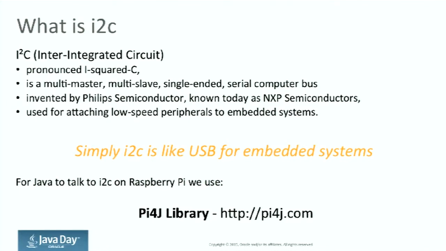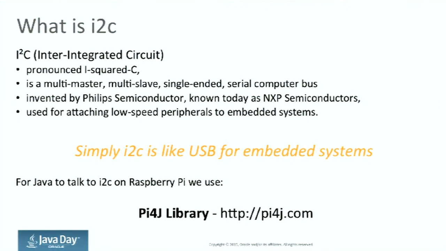All of us will be used to having our desktop computers or laptops and plugging in a keyboard or a mouse or a camera or anything over USB that you just plug in and it works. I2C is very similar, but on the circuit board level. So it's like a smaller version of USB. You can connect up to 256 devices to the same bus, and they can all talk together.